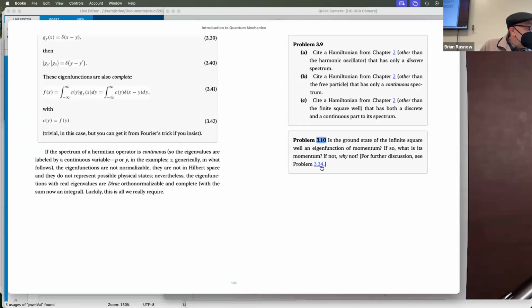Yeah, I mean, the answer is no. The ground state, nor any of the states of definite energy, are eigenstates of momentum, because the momentum operator has the wrong symmetry to commute with the infinite well.